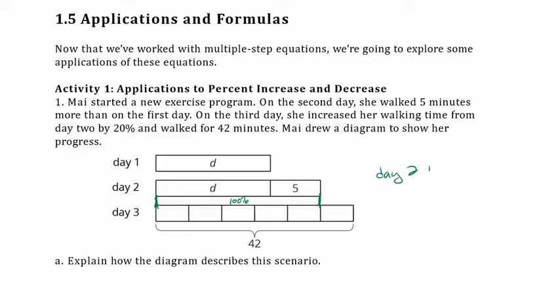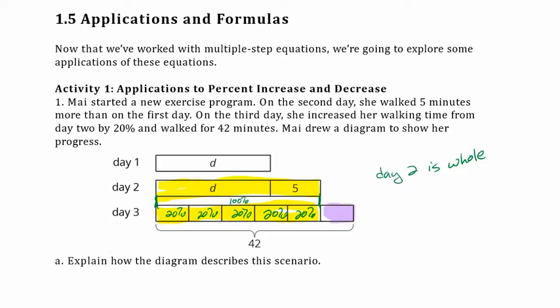Day 2 is the whole amount in this increase situation. And so each of these little blocks represent 20% of day 2. All right, so all of this is the same length as all of that. That's equivalent to day 2. All right, so now we're increasing.